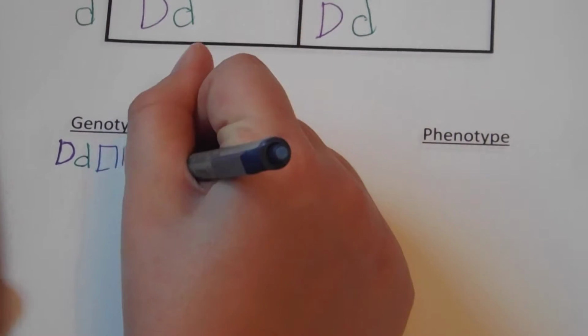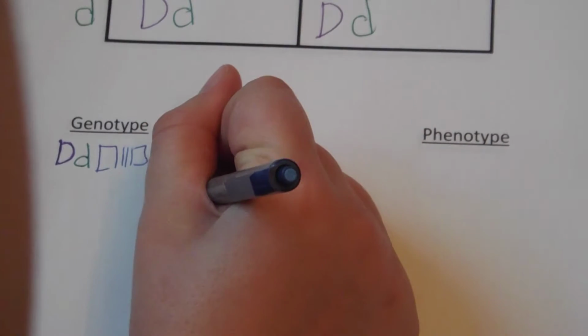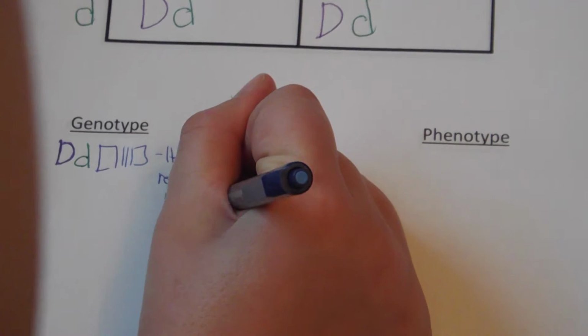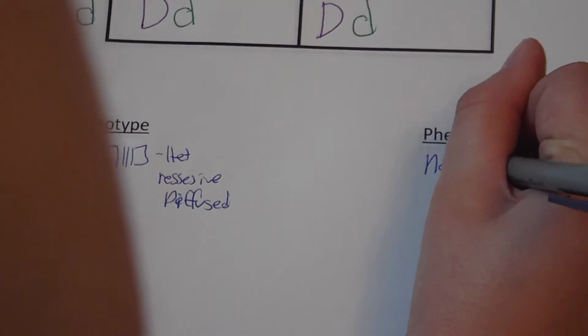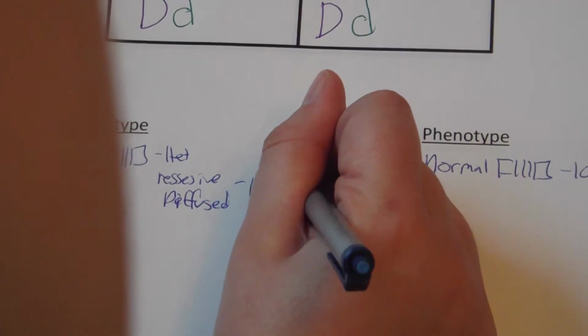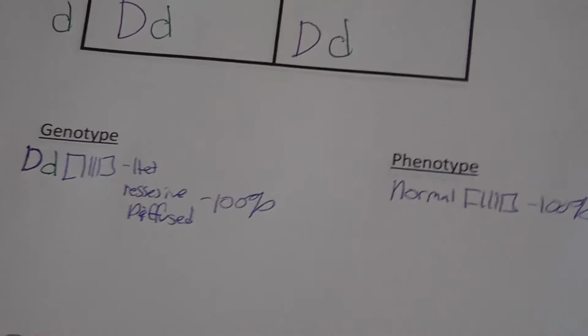Het recessive for diffused, and my horrid handwriting and spelling, and phenotype is going to be normal. 1, 2, 3, 4, 100%. And 100% for over here. If you don't see it, that's 100%.